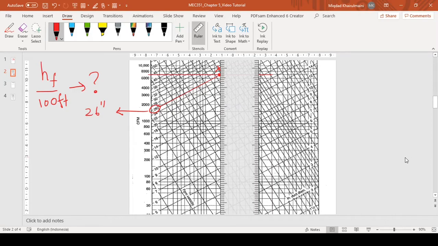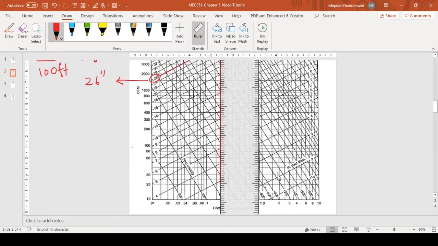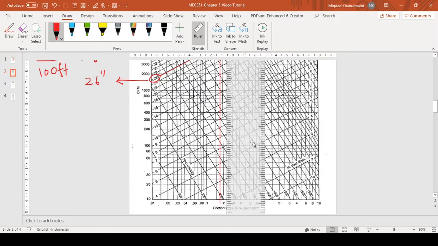From our intersection point, we draw the straight line. This graph is also a bit crooked, so for your exercise, make sure you draw straight.